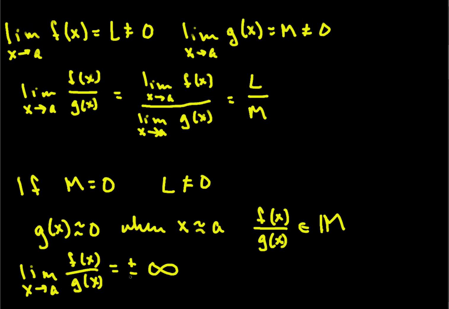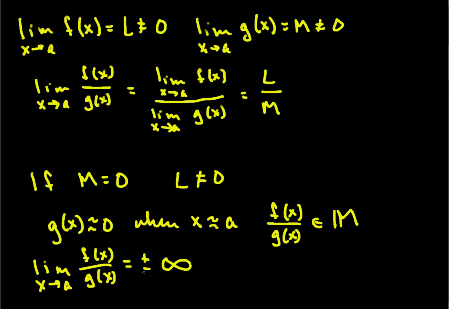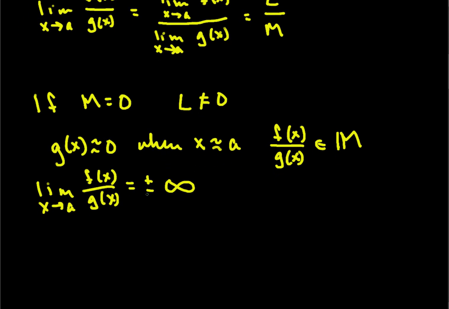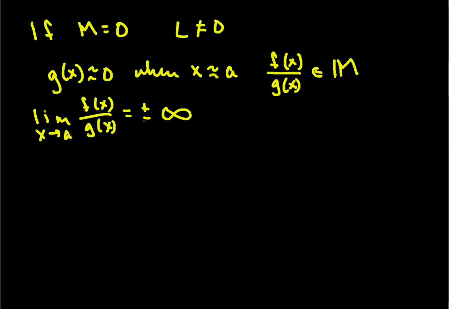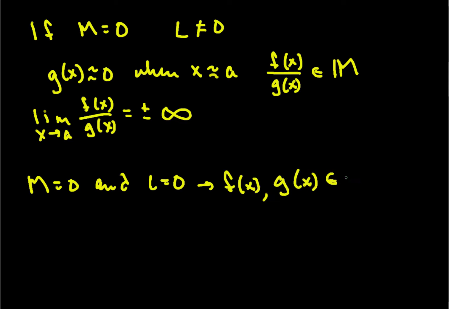So in both these cases, we've got the methods of arithmetic with hyperreal numbers to deal with these limits. But more often than not, if you remember in the last section, what happened when m was 0 and L is 0, then we've got an indeterminate form, because in this case, both f of x and g of x are infinitesimal when x is infinitely close to a.